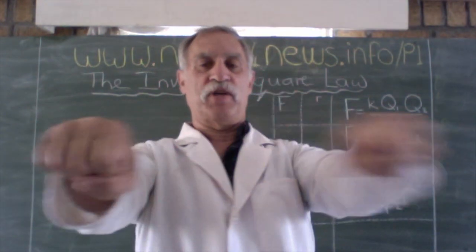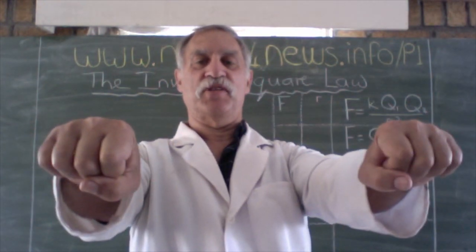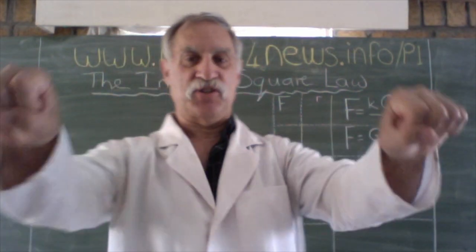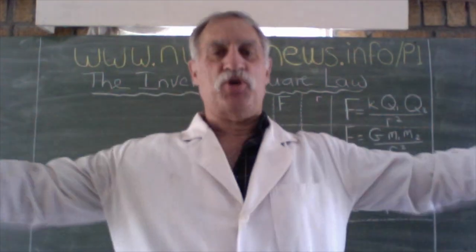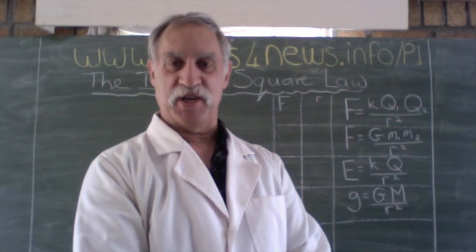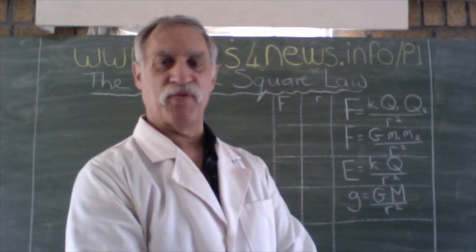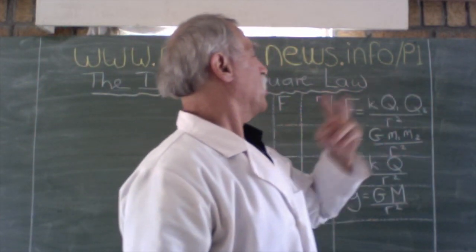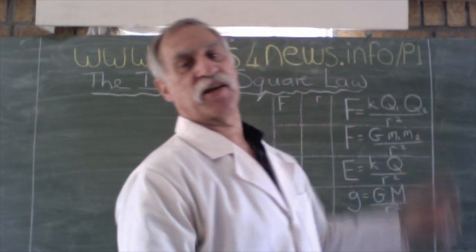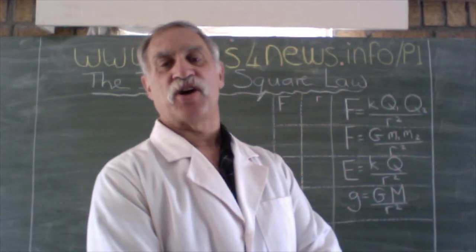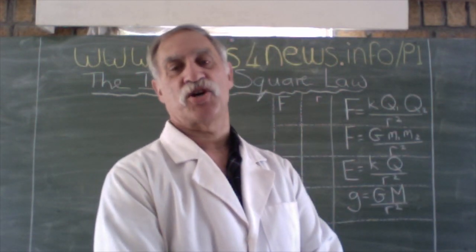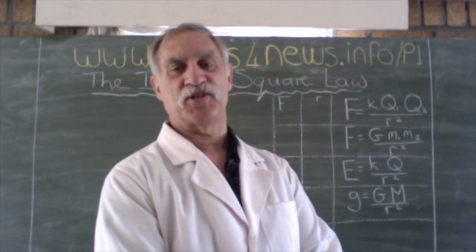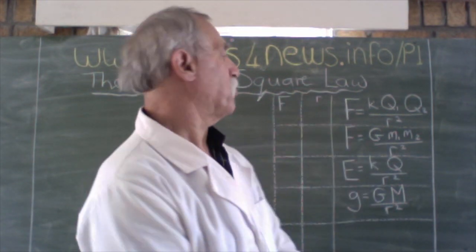So that would be r, the distance between their centers. The force is pulling them together or pushing them apart, depending on whether we get attractive or repulsive forces. If we have like charges, they repel. If we have unlike charges, they attract. So obviously there were unlike charges between the pen and the pieces of tissue paper for them to jump up.